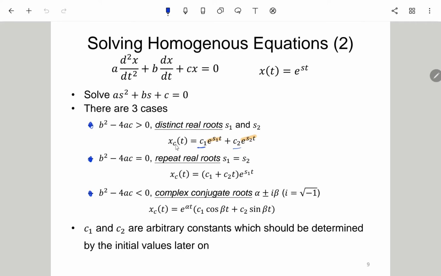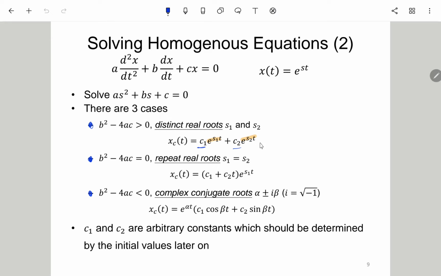For the second case, b squared minus 4ac is equal to 0. For this case we have repeated real roots, which means that s1 and s2 are equal to each other.